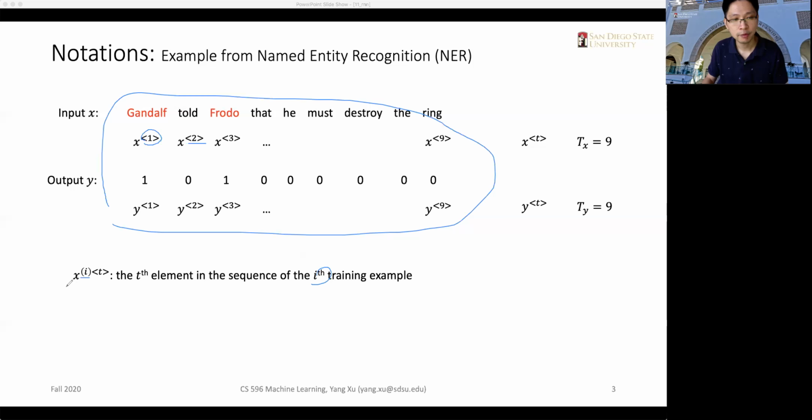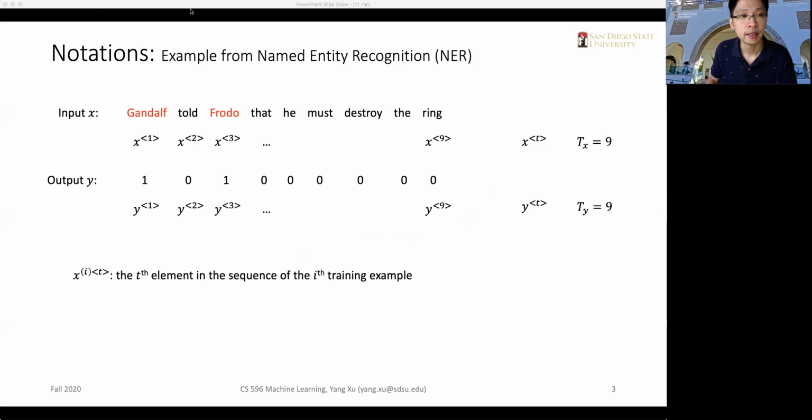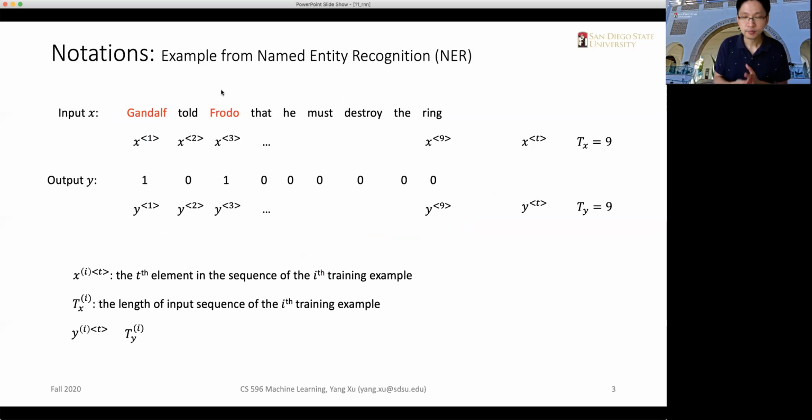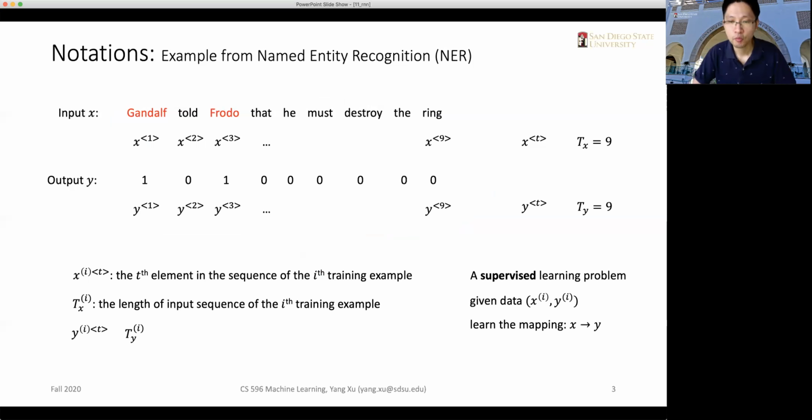So now we have two superscripts, and we need to distinguish them: the t is for time step, and i is for the i-th example. And T_x superscript (i) is the length of the i-th training example, and similarly for Y. So now we can represent a data point by X(i) and Y(i).